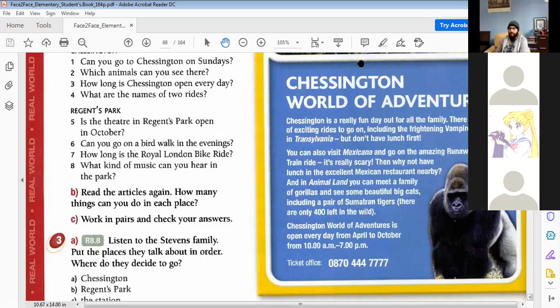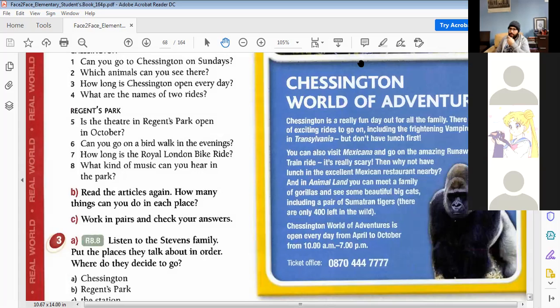Two kinds of rides, that's correct. And go to the restaurants. Also a Mexican restaurant. Yes, and see animals. So how many things? Three things, right? You can go on a ride, have a snack or eat something at the Mexican restaurant, or see the animals. So you can do three things.